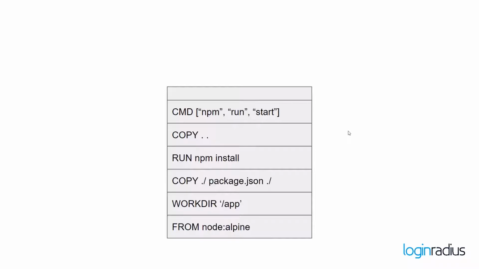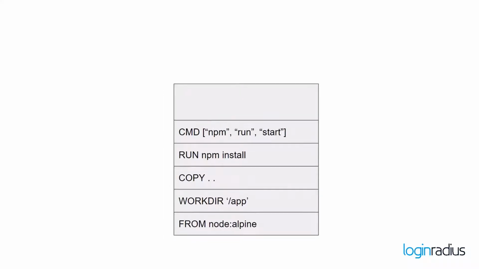To contrast this, if we have a scenario where we are changing maybe a JS file, let's say we went ahead and changed a port in the startup file, which is app.js or index.js, or call it anything.